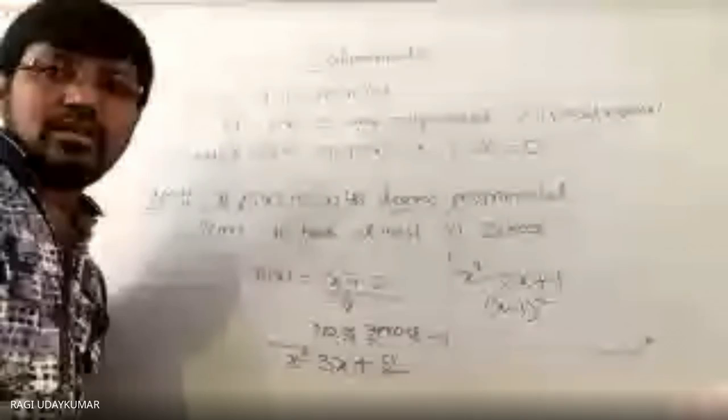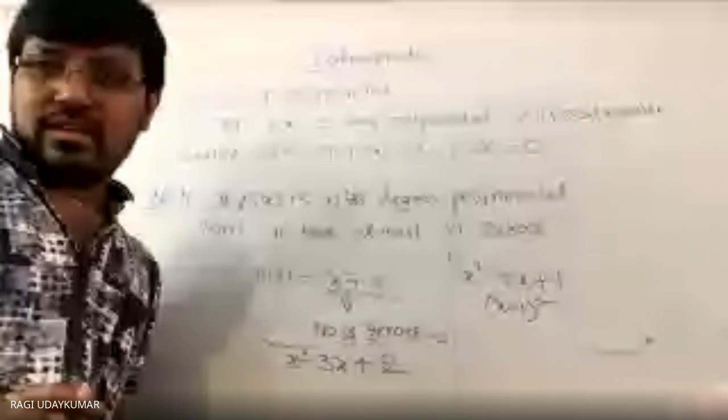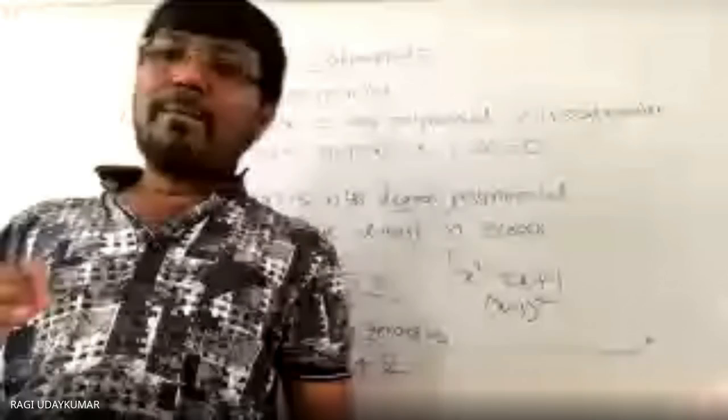Like this, the zeros can be at most 2. It does not go beyond 2, but it can be fewer for a quadratic. Like the cubic polynomial, if you take it into consideration, a cubic polynomial can have at most 3 zeros. Okay?